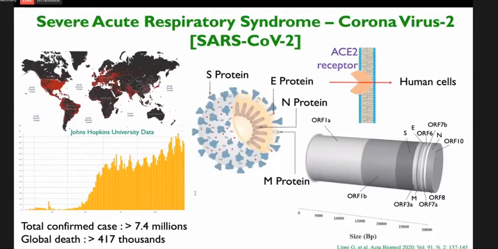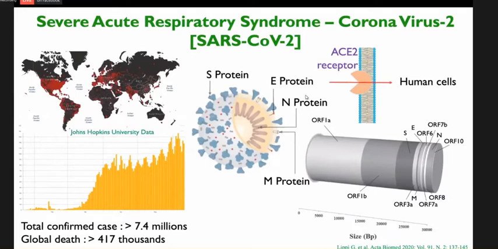If we look at the structure of SARS-CoV-2, it is an enveloped virus with a positive-sense single-stranded RNA genome containing 4 major structural proteins: the S protein, which contains the receptor binding domain, the envelope E protein, the membrane protein, and the nucleocapsid protein N, along with additional genes such as ORF1A and B, ORF3A, ORF10, and so on, which encode the accessory proteins, including RNA-dependent RNA polymerase that is responsible for viral replication.